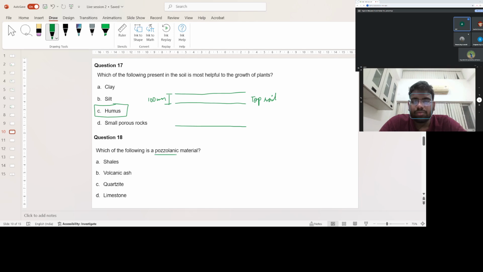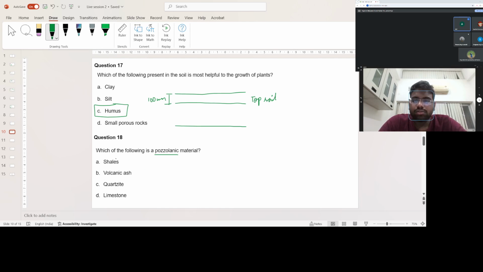Pozzolana itself is a name for a volcanic ash, which is essentially found in Italy or Europe, I think. I don't remember clearly. Pozzolana is derived from that particular region, where the deposits from the volcanic eruptions contain this cementitious property.